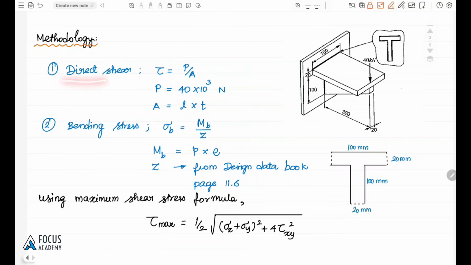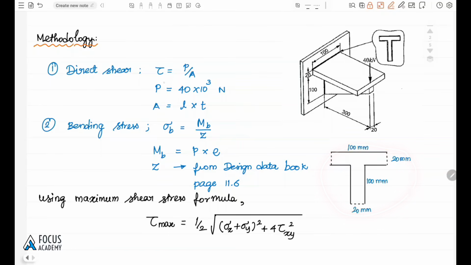In direct shear, the formula is load by area. The load is given in the problem, and area is nothing but the length of the weld and the throat thickness. In the bending stress formula, sigma B is equal to MB by Z. MB is the bending moment, load into eccentricity, and Z is the section modulus, which can be taken from the PSG design data book, page number 11.6, for the particular cross-section weld.